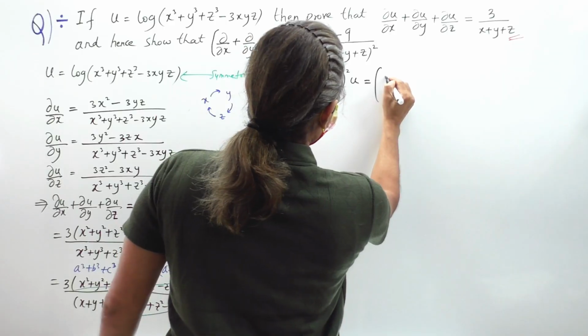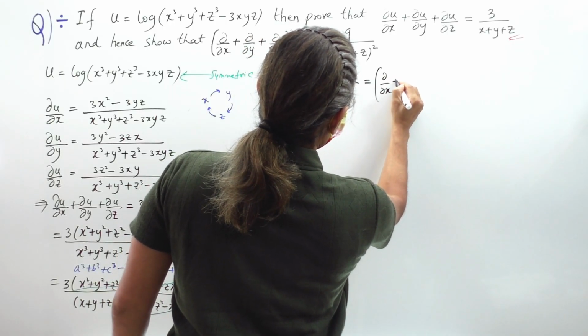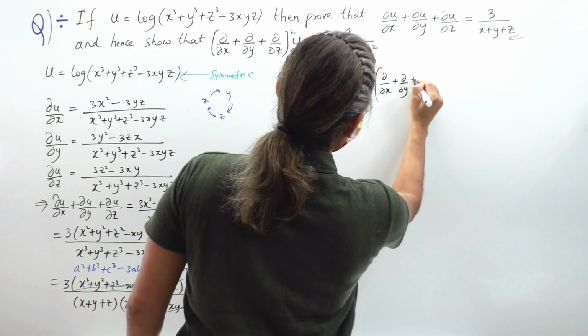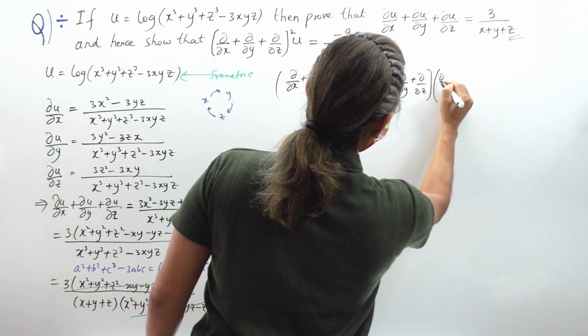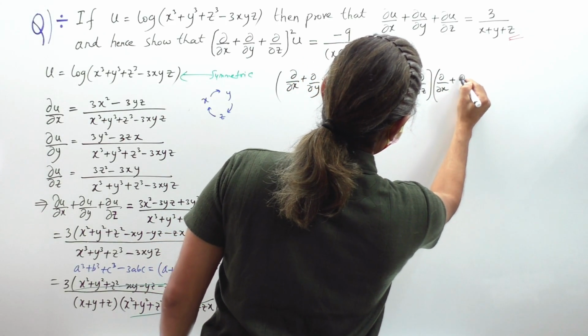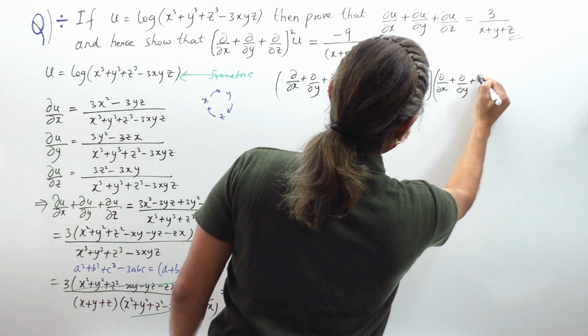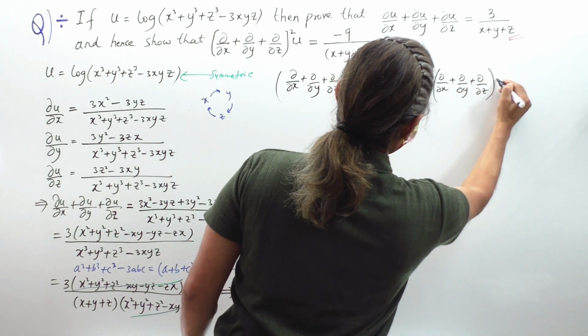So I write this as (∂/∂x + ∂/∂y + ∂/∂z) into again (∂/∂x + ∂/∂y + ∂/∂z) u.